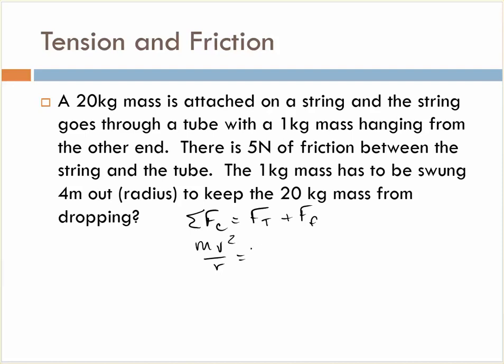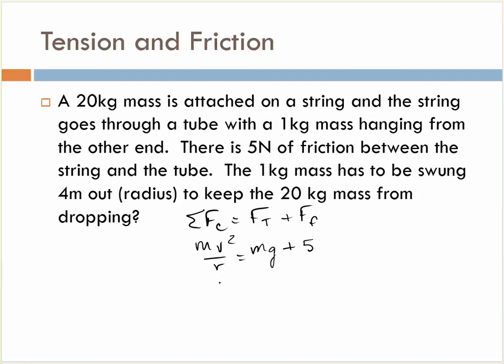So I'm going to say mv squared over r equals, and this tension we said was being supplied by the weight of the object that's being hung. And this tension here is mass times gravity, because it's the weight, plus the force of friction, which in this case they just give me a number, so I'm going to say 5 there. So let's plug in the information we know.